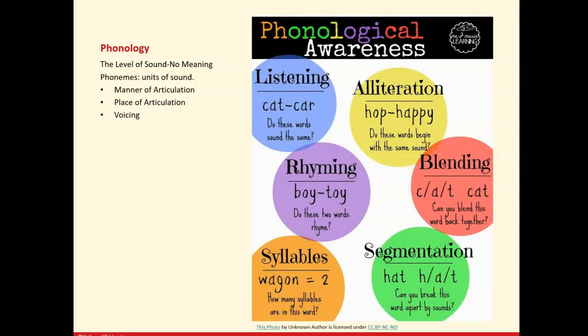So if you put your index finger on your throat and you do ba and you do pa, you'll notice with ba there is a little bit of vibration. With pa, however, there is no vibration. And that's because of the vocal folds. So ba is voiced, while pa is voiceless.